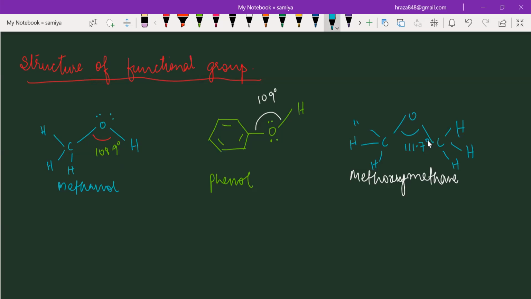So this is the structure of all three functional groups, in which methanol has the smallest angle, because the repulsion here is larger than here and here. That's why the angle between C-O-H in methanol is very less. Please write it.